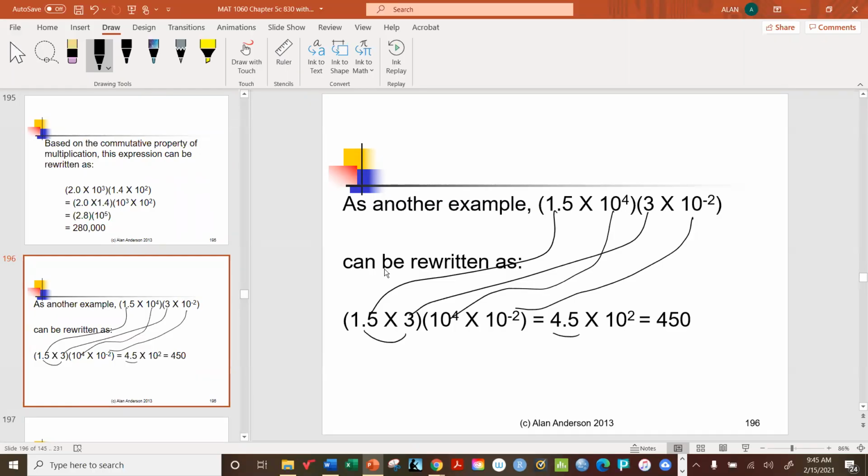And so I can either leave it like this, or if I need the actual number, I can write it out as 450. So it's pretty straightforward. I think you'll agree.